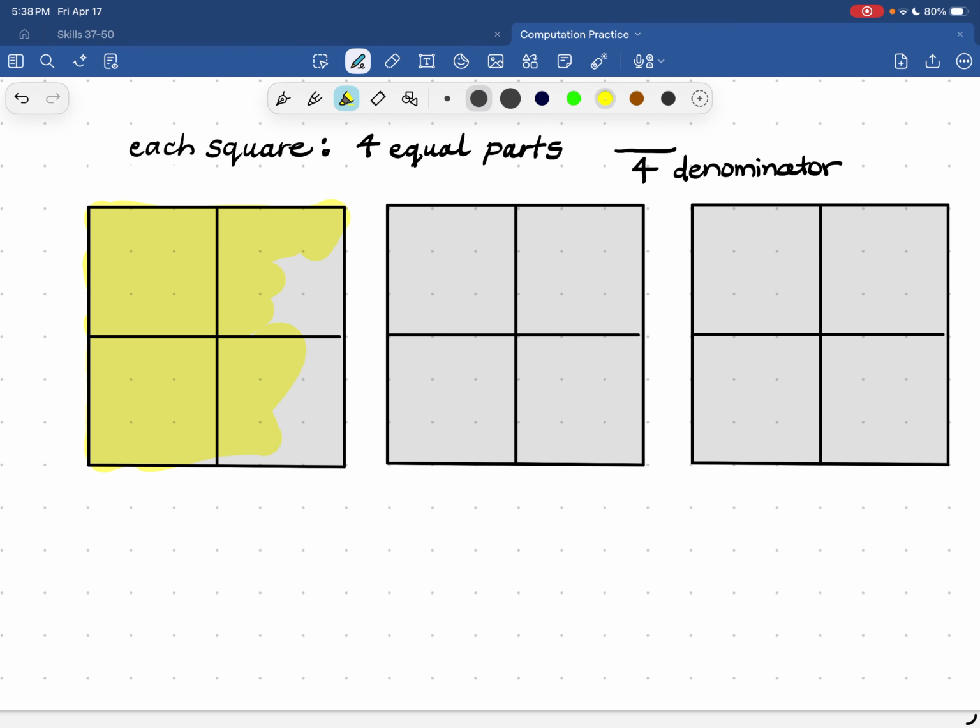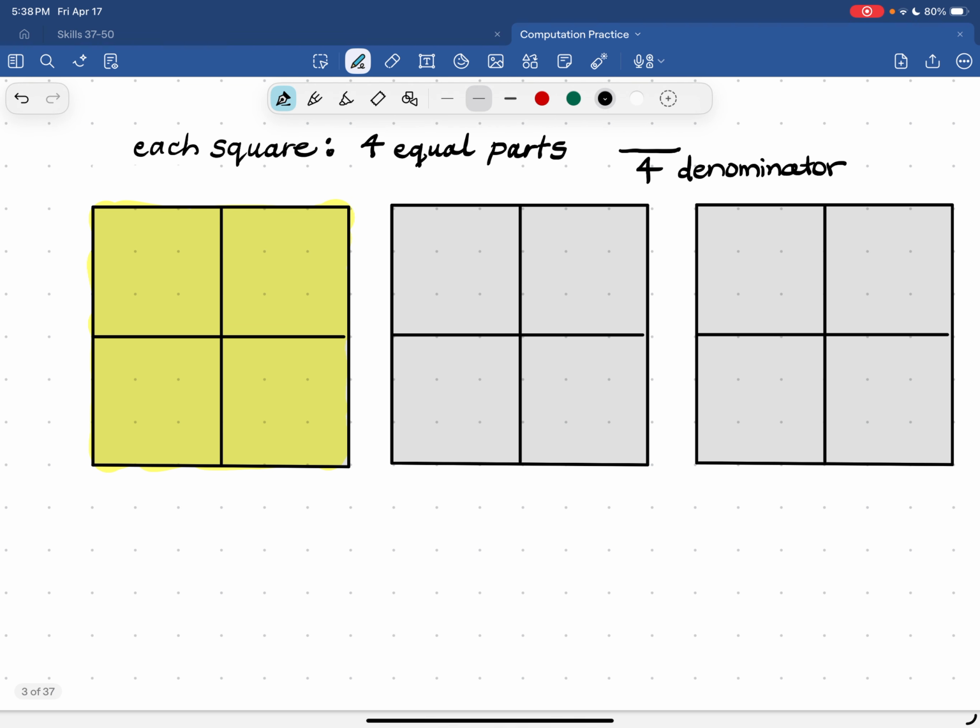If I'm shading all 4 of the parts, that's 4 out of 4 that gets shaded, so that is 4/4. Remember, that denominator has to be a 4. We don't have any control over that. We can decide how many parts to color, and that gives us our numerator. But the denominator is determined by the number of parts in a square.